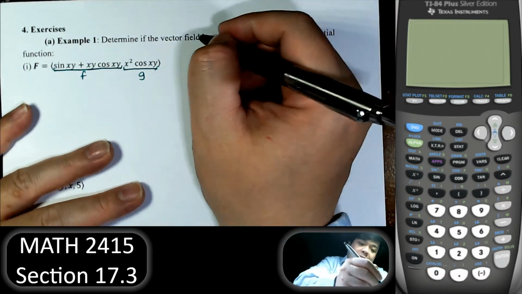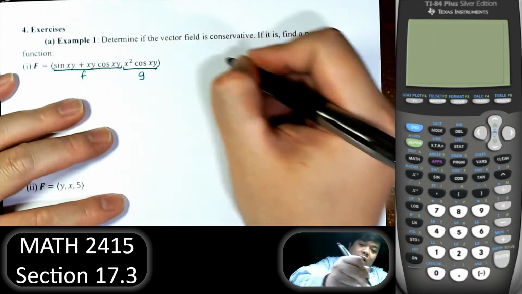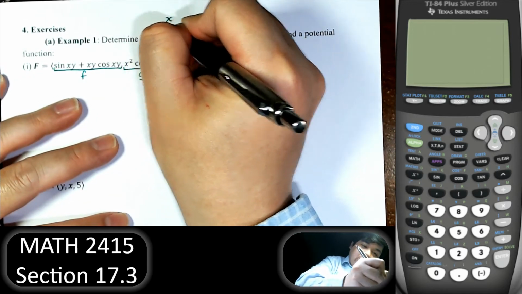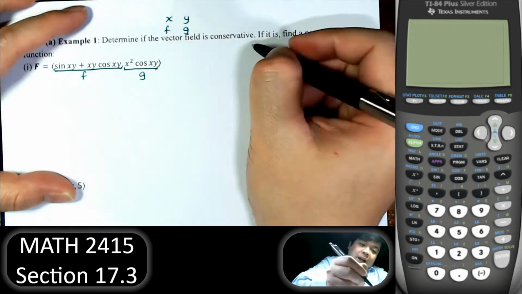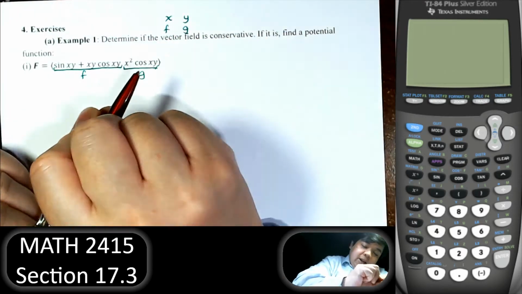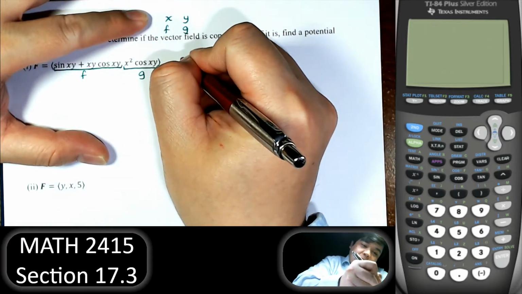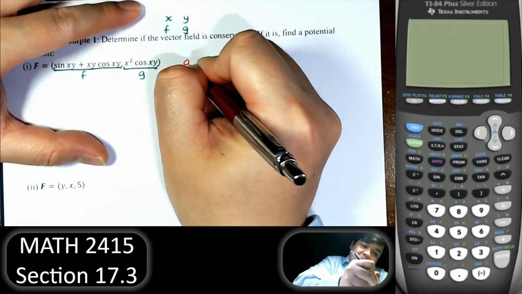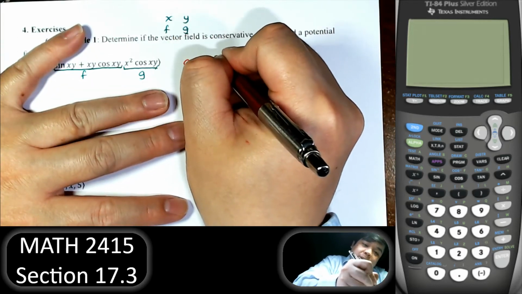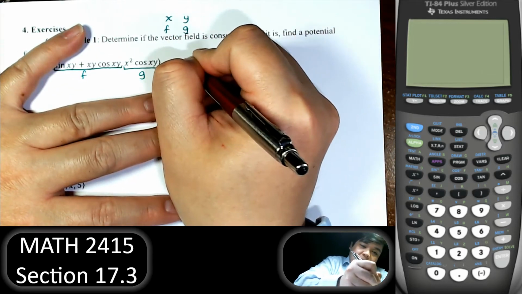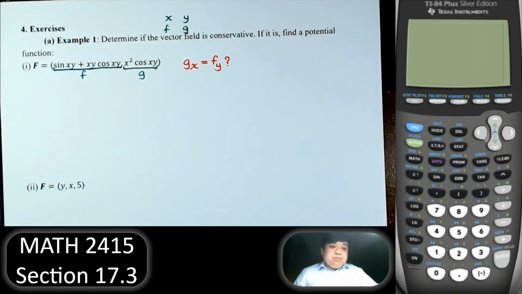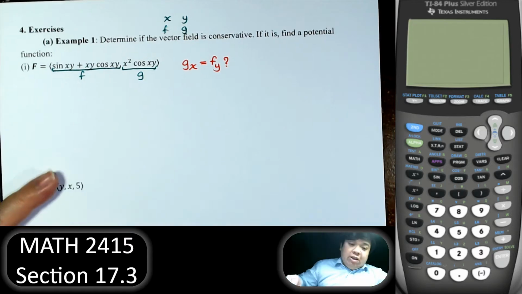Now if it is conservative, meaning that there are two variables x and y for two functions f and g, it is conservative if the derivative of g with respect to x is equal to the derivative of f with respect to y. So is that true?